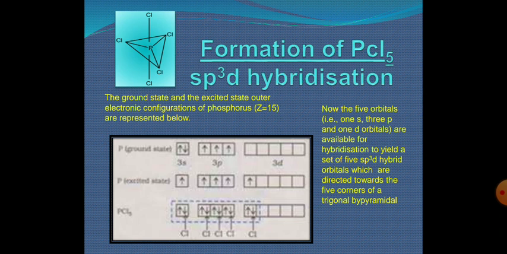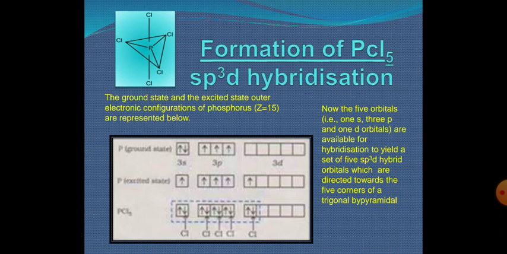These 5 unpaired electrons undergo mixing and recasting of orbitals with the incoming element, that is chlorine. You already know that the atomic number of chlorine is 17, so the electronic configuration of chlorine is 1s2, 2s2, 2p6, 3s2, and so on. The 5 unpaired electrons of phosphorus are going to combine with each chlorine atom's unpaired electron.